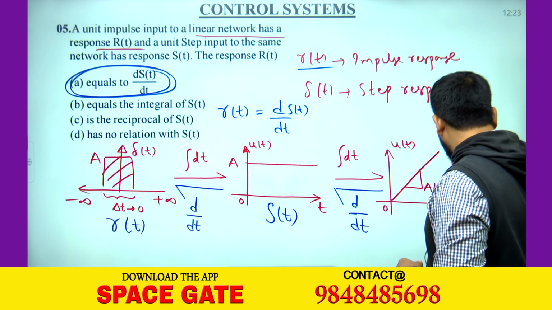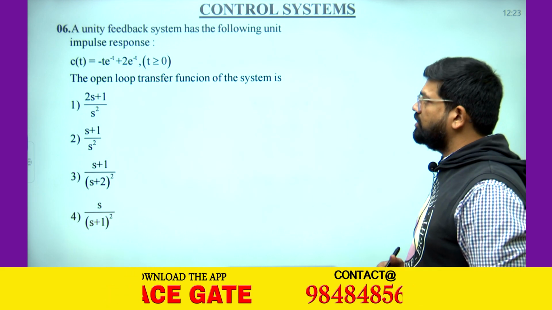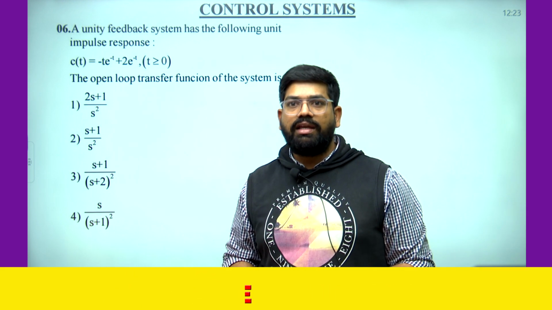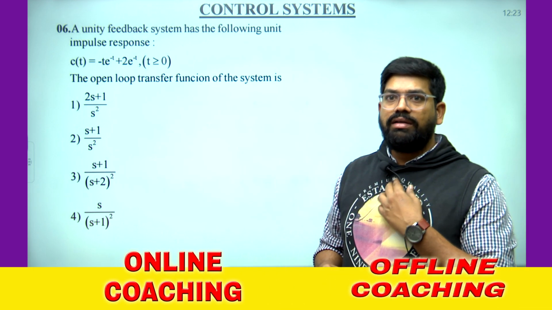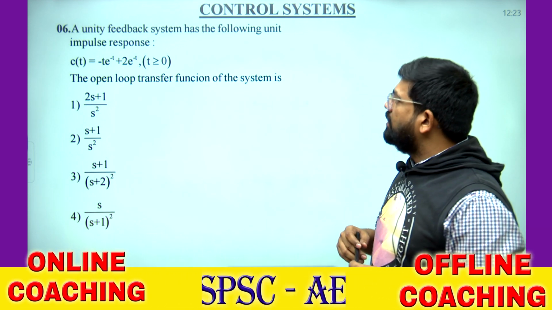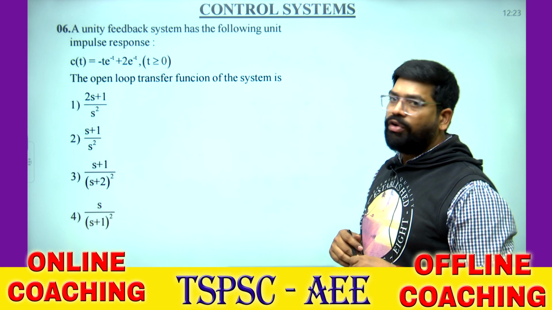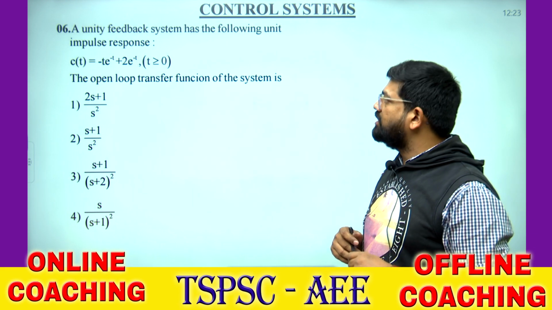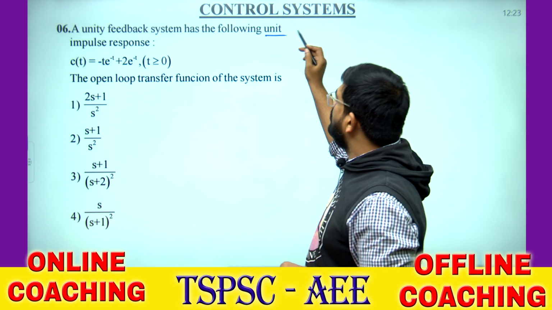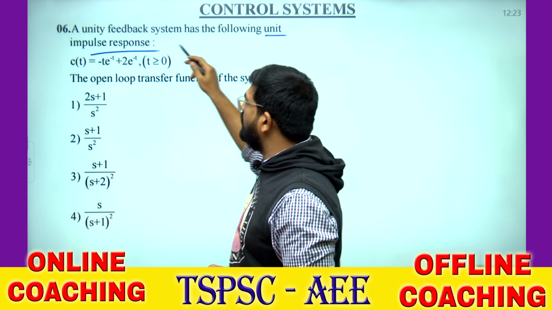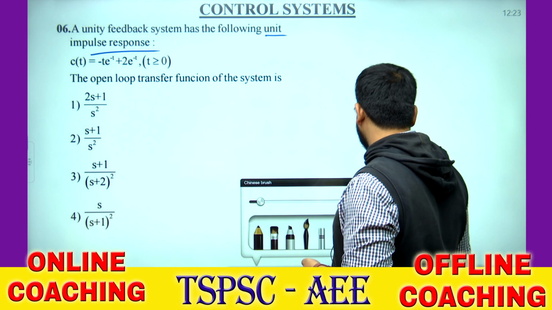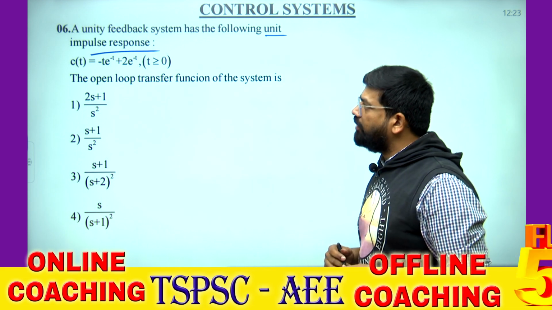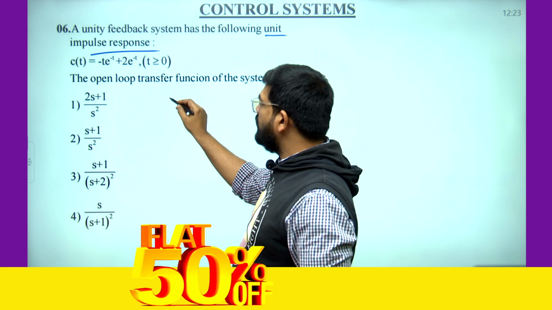Now move on to the next question here. What is it saying? A unity feedback system has the following unit impulse response. Look at this, the unit impulse response is given. Then what is its open loop transfer function? Unity feedback means we already know that.